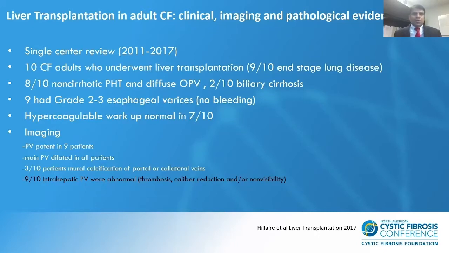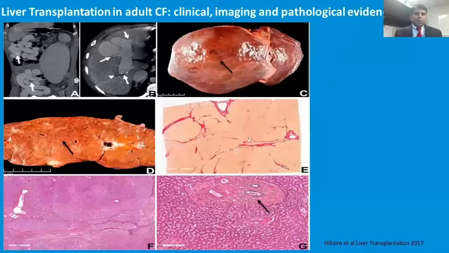Hypercoagulable workup was done in 7 patients and it was normal. Main portal vein was dilated and patent in all patients. Almost all of the explant biopsies showed abnormal intrahepatic portal vein in the form of thrombosis, caliber reduction, and/or non-visibility of portal vein. In the same paper here, I will highlight some of the key features.